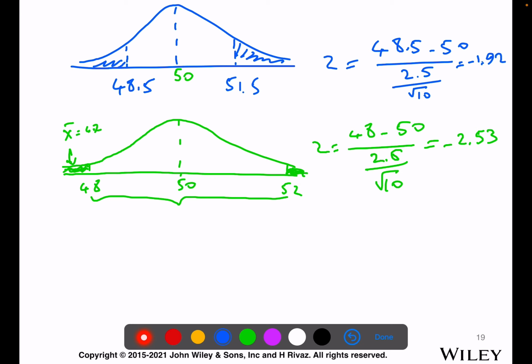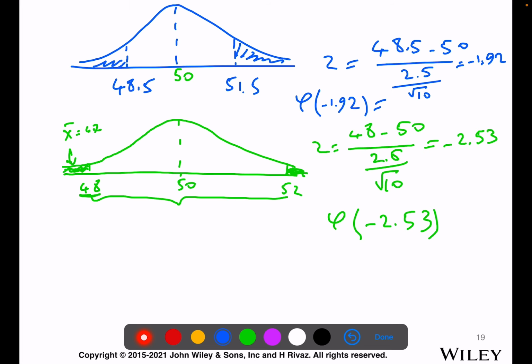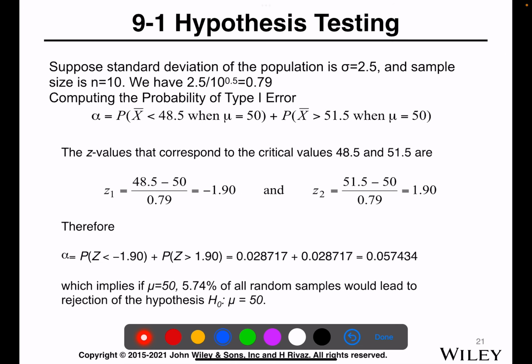Right? So basically now, with the new boundary of 48, we are looking at phi of minus 2.53. Previously, we were looking at phi of minus 1.92, right? And that phi was, what was this? 6%.